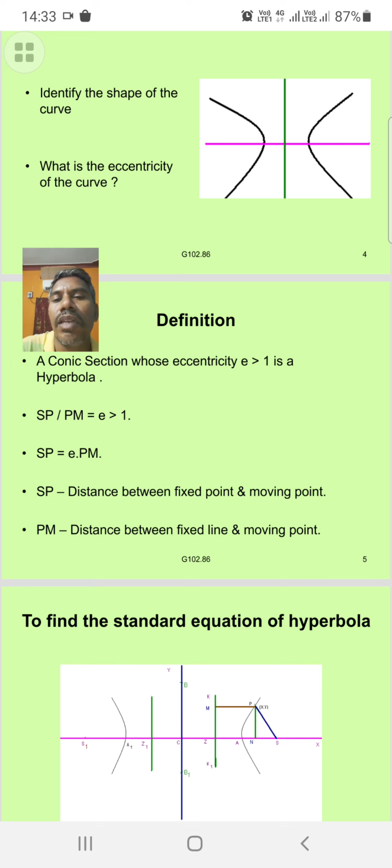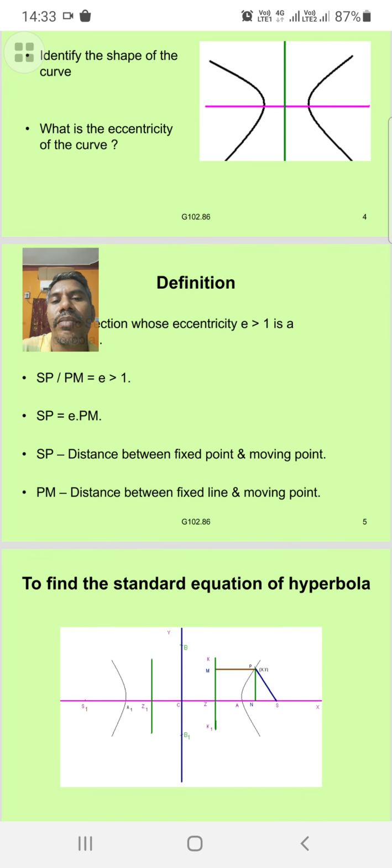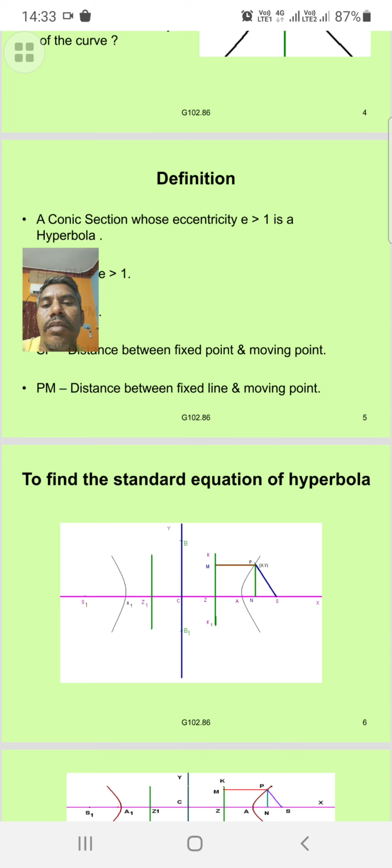If you cut the cone vertically, you get two parts, that is called hyperbola. So based on cutting, we get parabola, ellipse and hyperbola.